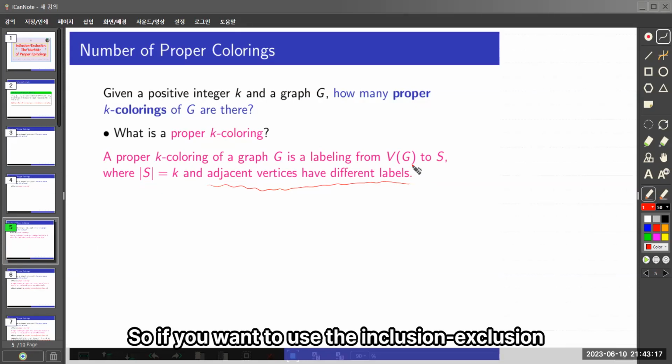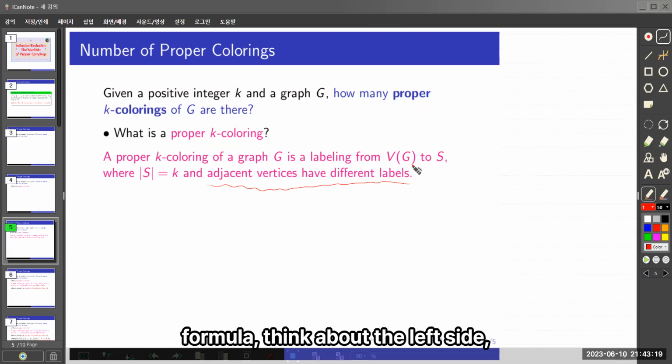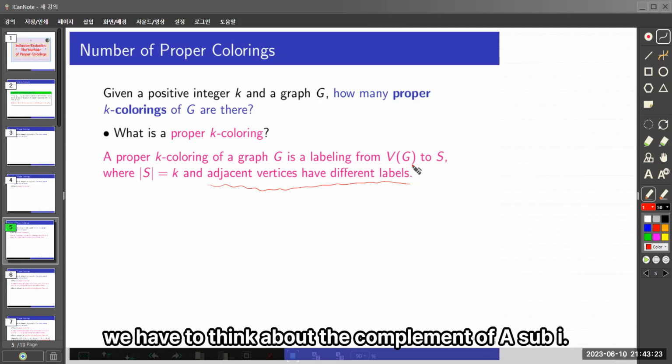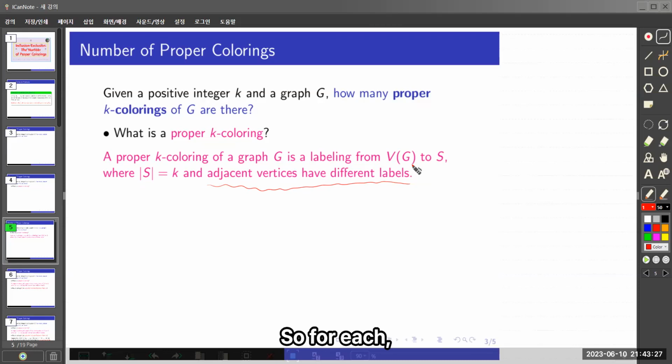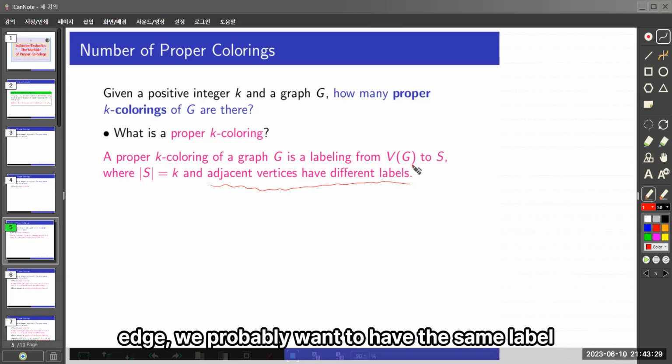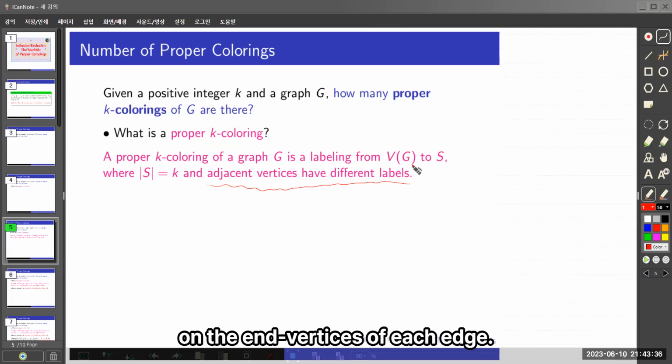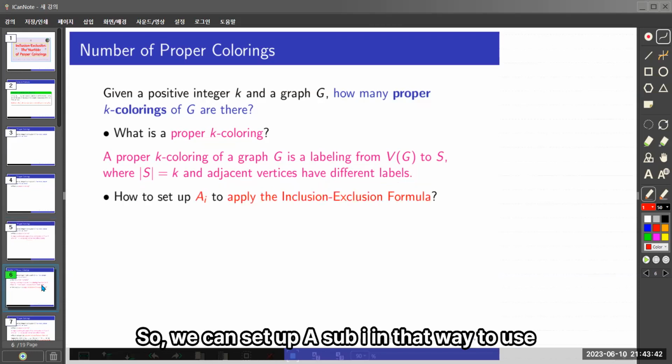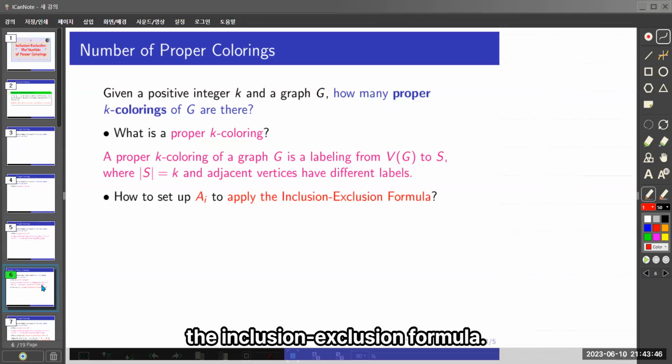So if you want to use the inclusion-exclusion formula, think about the left side. We have to think about the complement of the A_i's, right? So for each edge, we probably want to have the same label on the end vertices of each edge. So we can set up A_i in that way to use the inclusion-exclusion formula.